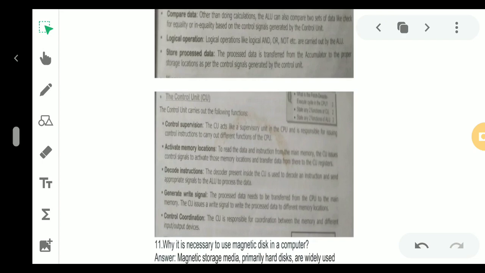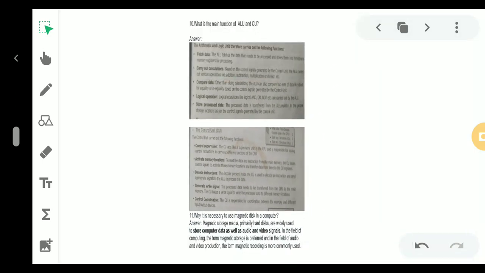It decodes instructions: whatever instruction is given by the user to the computer is in a coded format, and we need to decode it and understand it, because the computer only understands machine language. It also generates write signals, because after processing the data we need to write it somewhere for storage. The write signals control the coordination between memory and the different input devices.